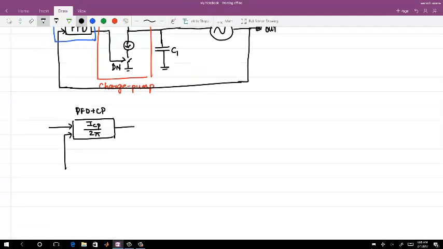Now this goes into a capacitor C1. And the gain, or transfer function, of the VCO is K VCO over S, where K VCO is in radian per volt. So I have V control.